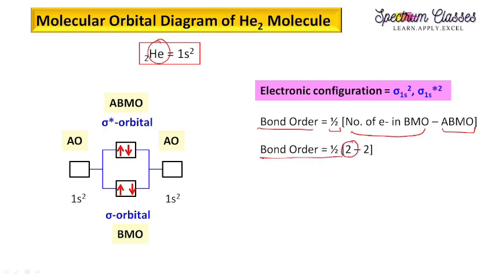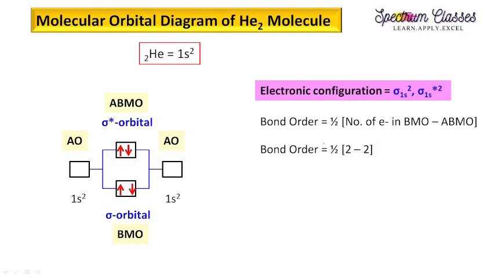Now coming to this 2, where does this 2 come from? This 2 comes from here, right? This is the bonding molecular orbital. So 2 electrons are present in the bonding molecular orbital, minus how many electrons are present in the antibonding molecular orbital? 2 electrons are present in the antibonding molecular orbital. So here I have written the number of electrons present in the antibonding molecular orbital.